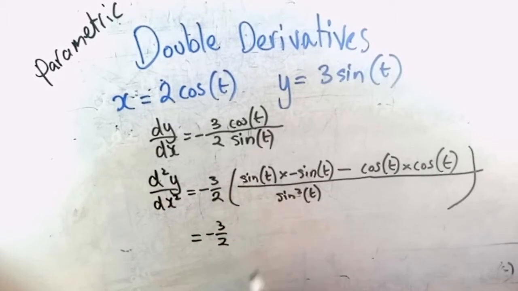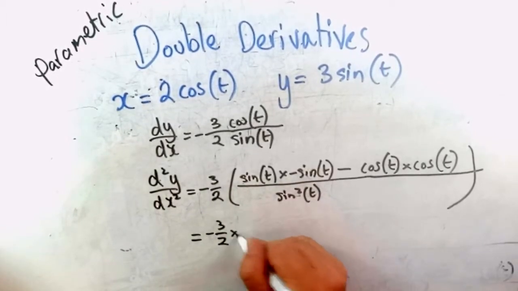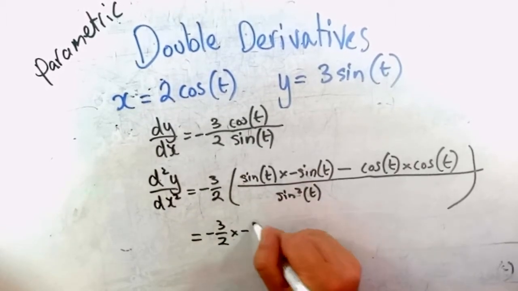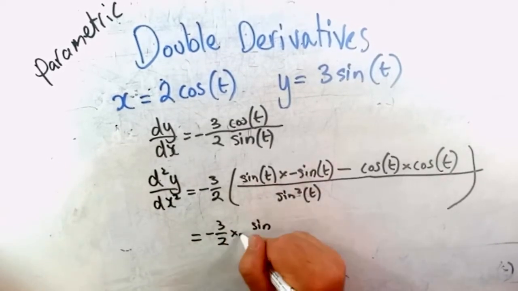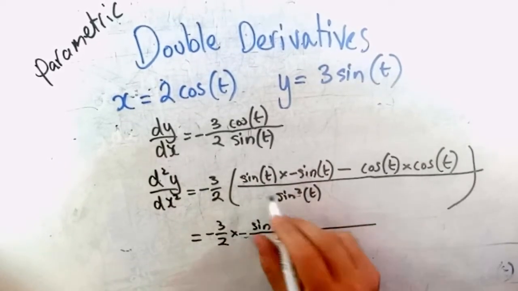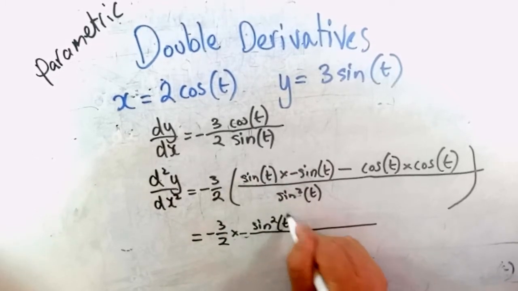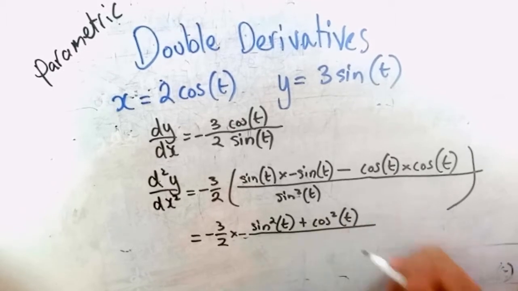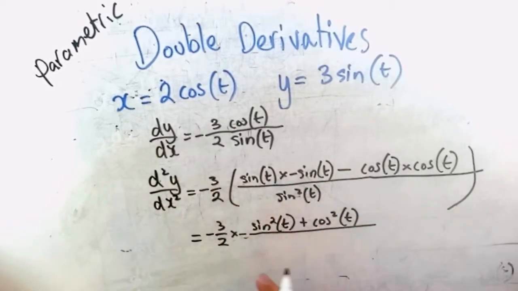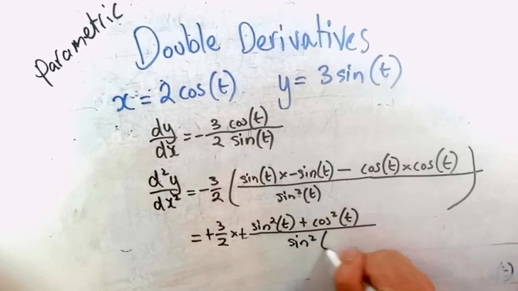Negative 3 halves times negative. Let's bring the whole negative out the front of this fraction, because we've got sine squared t plus cos squared t, since I take the negative out of both. These two negatives cancel, so let's make them both pluses over sine squared of t. Hopefully I haven't made a mistake.